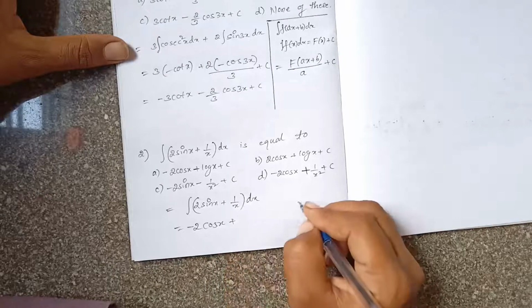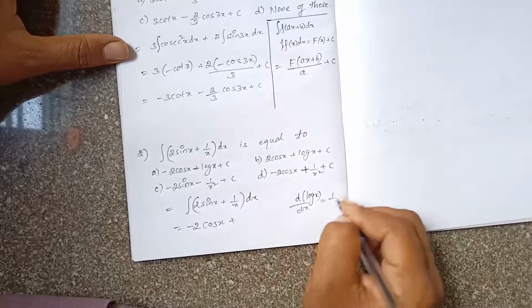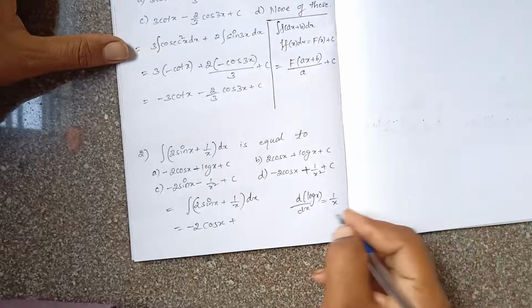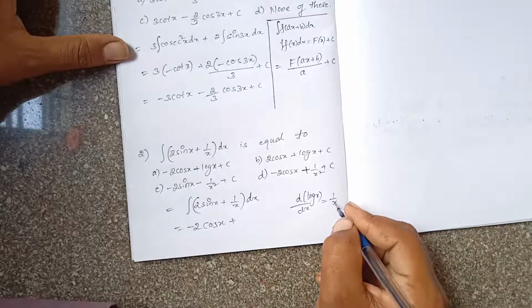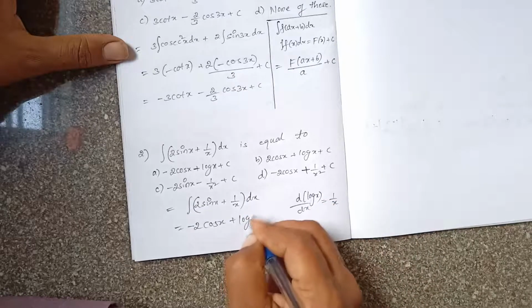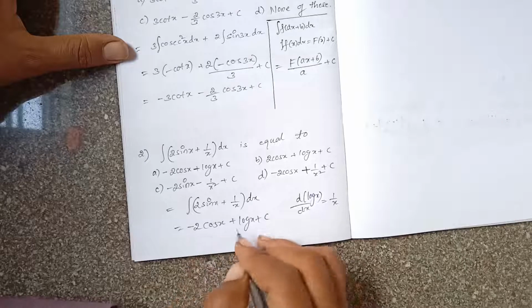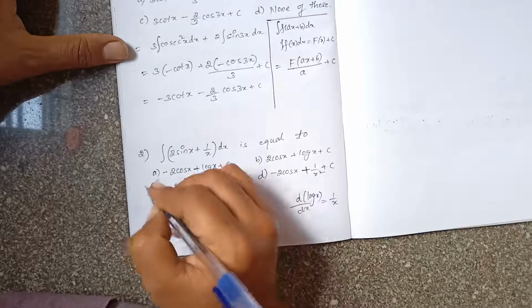We know differentiation of log x with respect to x is 1 by x. So differentiation is the inverse process of integration. So here 1 by x integration is log x. Very simple. So minus 2 cos x plus log x plus c is the answer. Which option here? Option A.